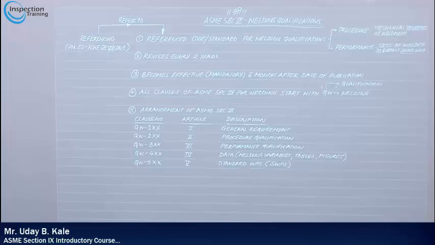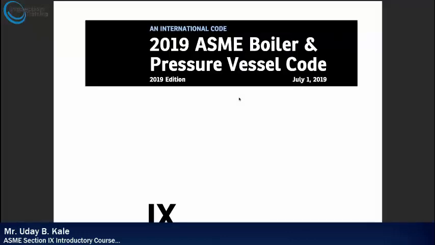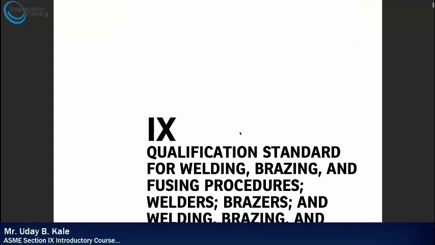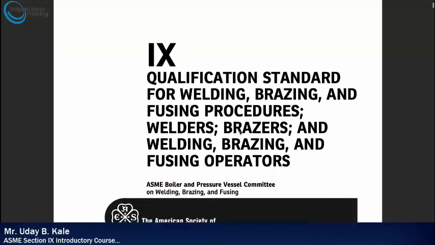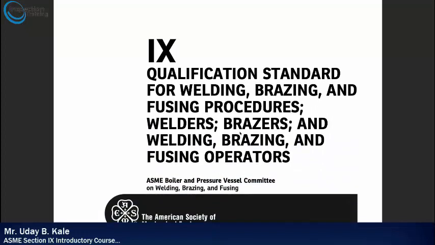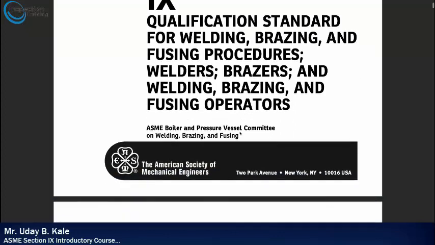So we are seeing basically ASME Section 9. What does it say? It says that it is an international code: qualification standard for welding, brazing and fusing procedures, welders, brazers and welding, brazing and fusing operators.